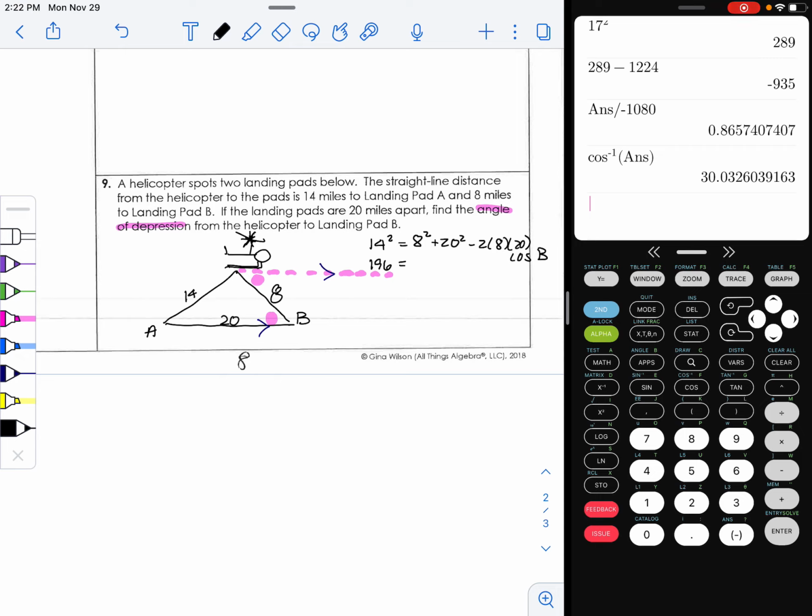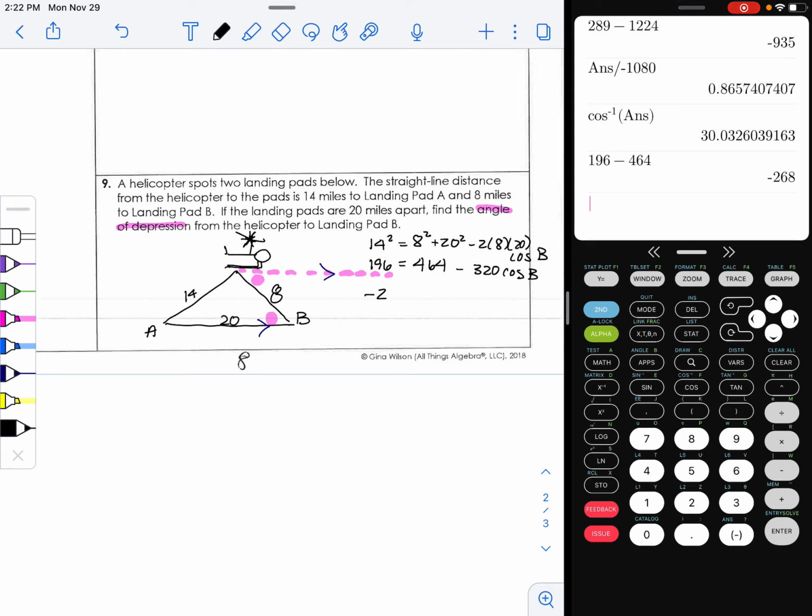And 8 squared plus 20 squared is 464. Minus 2 times 8 times 20 gives me 320. 196 minus 464 is negative 268.